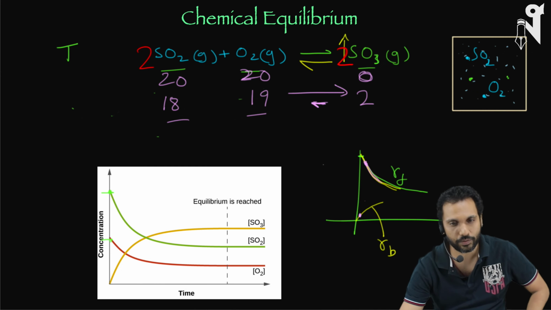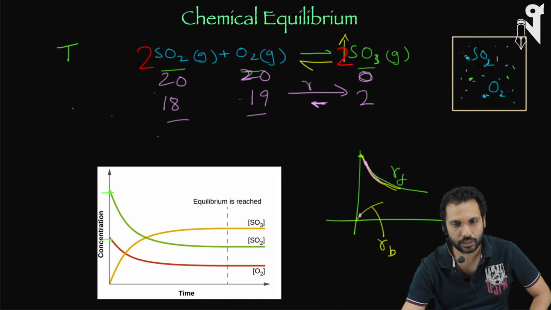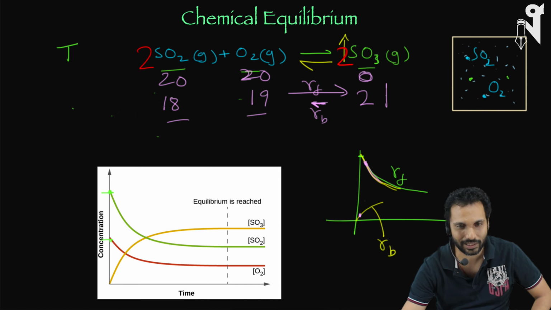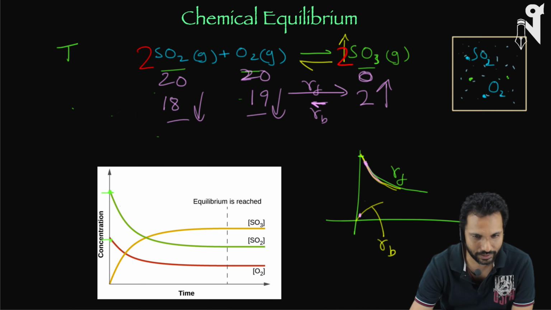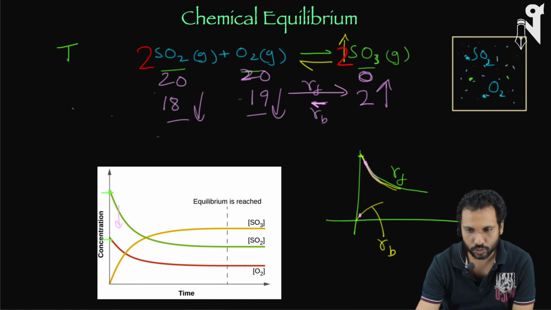And this is when we say that the rate forward is much faster than the rate backwards, and this is going to increase, and these values are going to go down, which is depicted in the graph. SO2 value is going down, O2 value is again going down, and what is increasing is SO3.